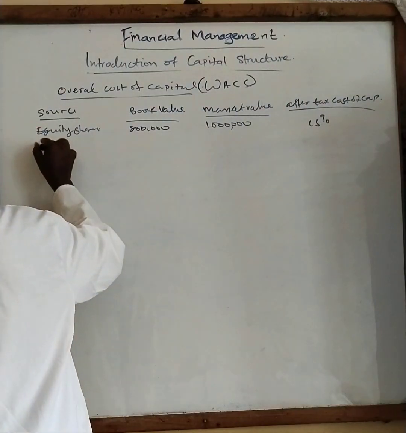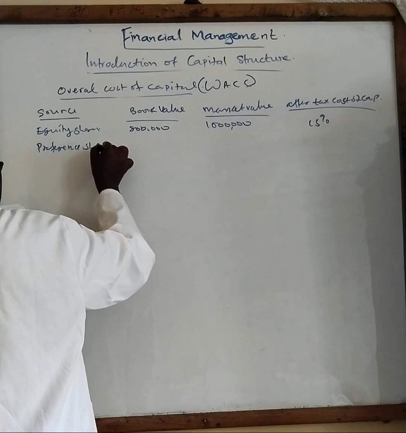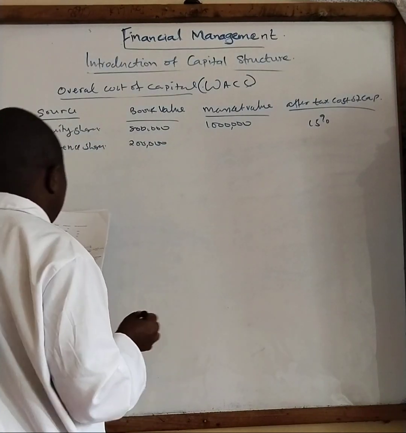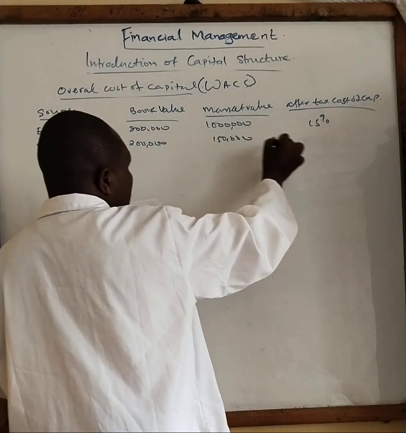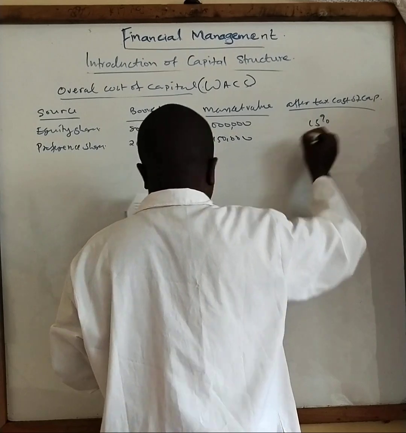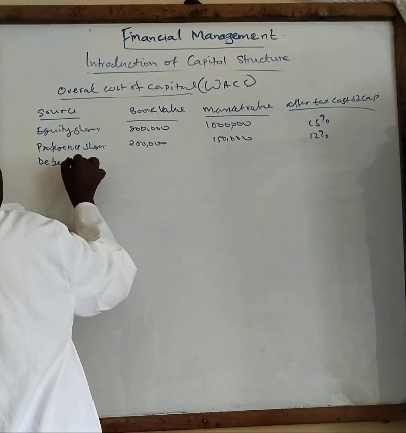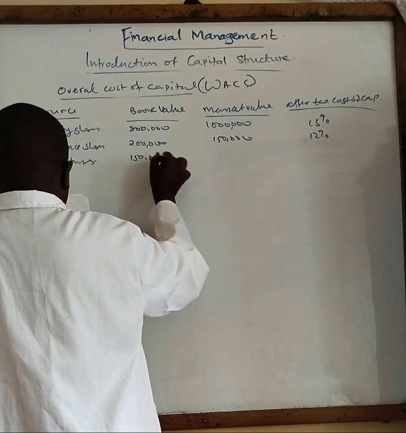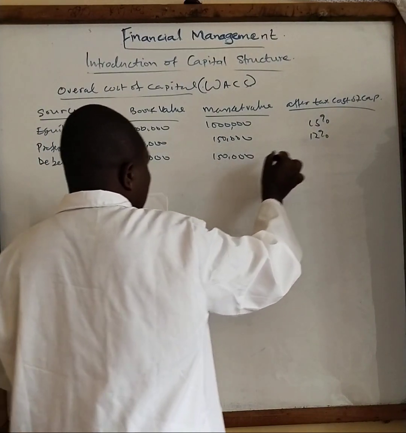We have preference shares, 200,000, market value is 150,000, then the rate is 12%. Debentures, we have 150,000, then 150,000 market value, then 8%.